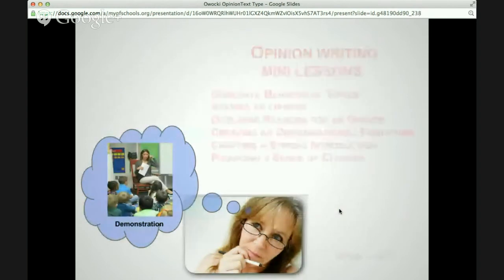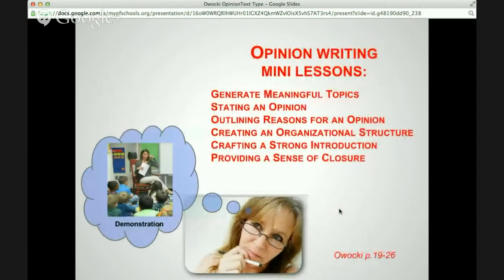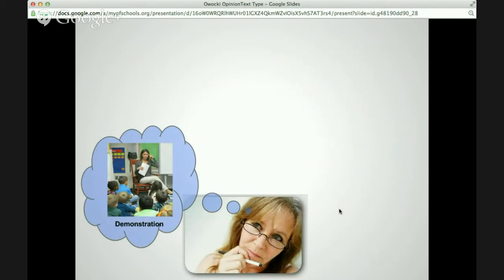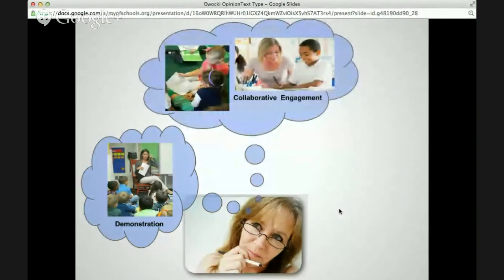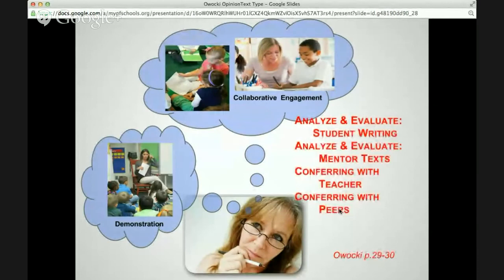Again, how do I teach? You know this. You know it starts with the demonstration or the focus lesson. The mini lessons are going to be specific to opinion writing. The mini lessons are the elements of the discourse that we talked about. We know the second stage that Owocki describes is collaborative engagement, and we know the purpose of collaborative engagement is to analyze and evaluate writing, both student writing and professional mentor texts.